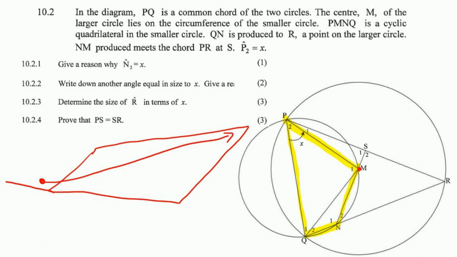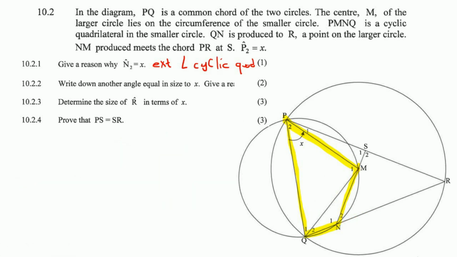So angle N2 is the exterior angle, which means it's equal to the opposite one. So we can just say: exterior angle of a cyclic quad. Next one: write down another angle that is equal to x.